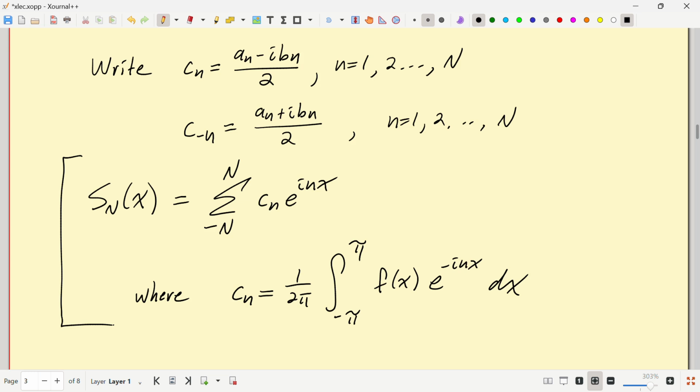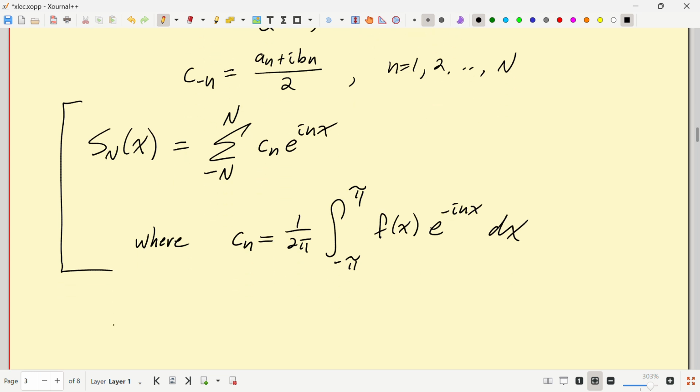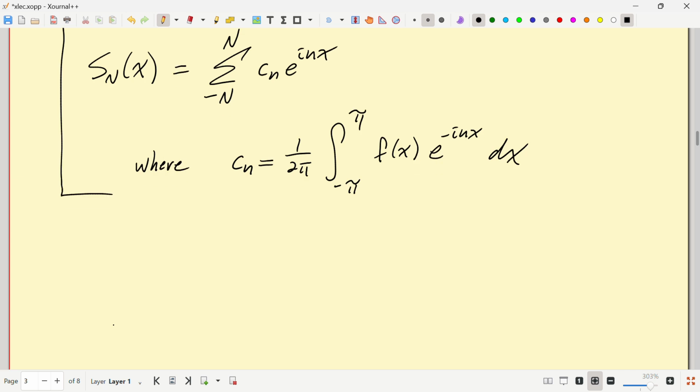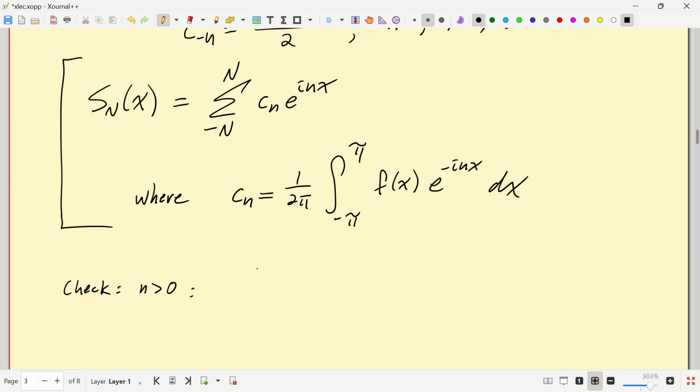That's an easy thing to check, that those Cn actually, let's see, I would check for positive n. Check for n positive. The Cn was an minus i bn over 2 from the calculation, and you write out what that is.